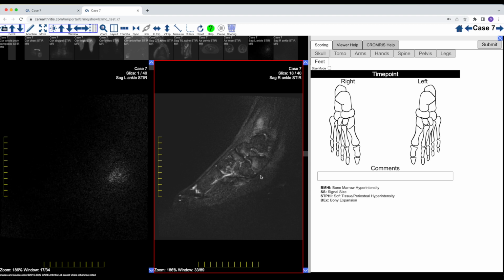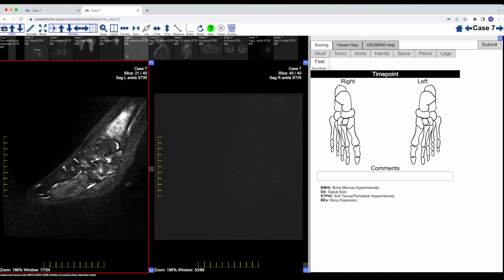The hindfoot and midfoot in these pediatric patients can be difficult, and I kind of undercall them because a lot of kids this age just normally have some physiologic high STIR signal in these areas. So unless I see something that's pretty bright and pretty confluent, I'm probably not going to call it. So in this right foot, I'm probably going to let that go.